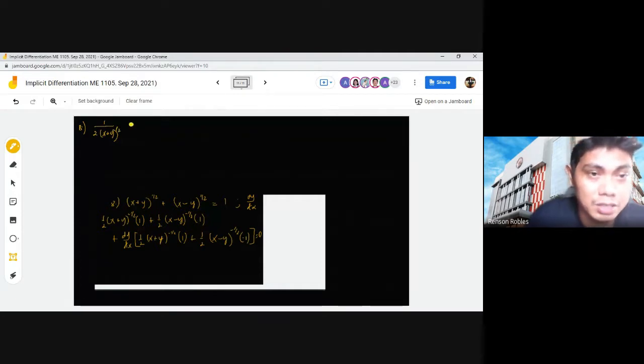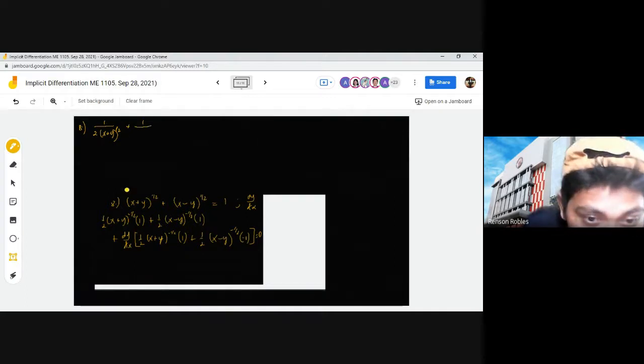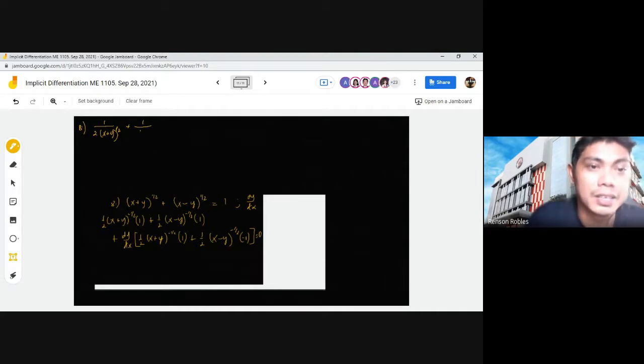Then plus 1 all over 2 (x minus y) raised to 1/2.